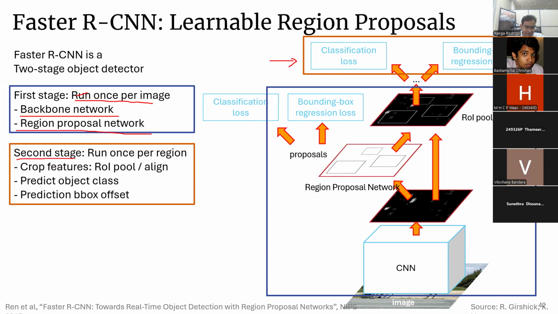And the second stage, run once per region: crop features, pool, align, predict object classes, predict box offsets. So you can see the operations run for the first stage, and the operations run for the second stage. That's why these are called two-stage detectors, because there is the region proposal network part. Region proposals, and each proposal you classify and bounding box regress. So these are called two-stage detectors for this reason.